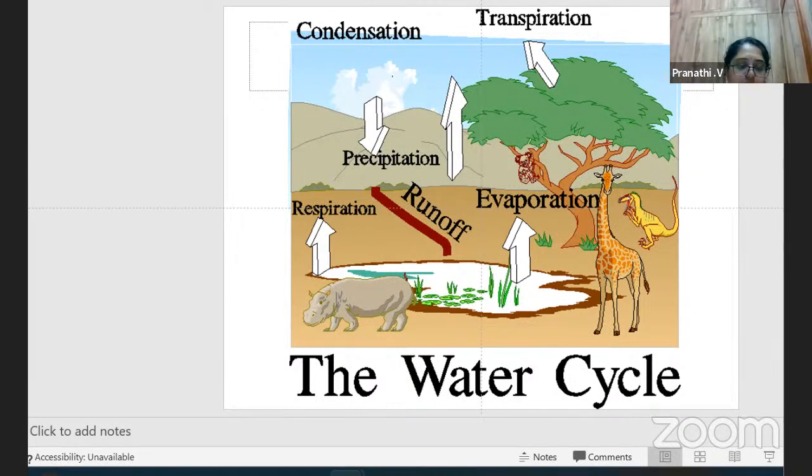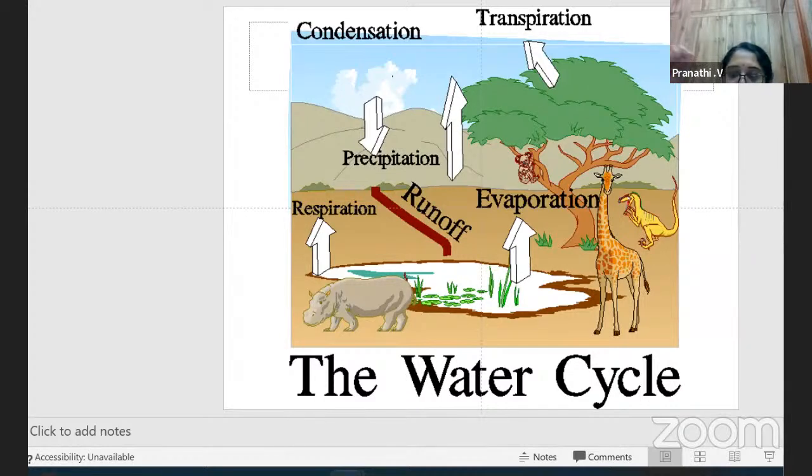So this is all about the living factors that are present, that is the biosphere, and the different kinds of nutrients that are present: carbon, nitrogen, oxygen, phosphorus, sulfur, and how each and every one of these nutrients is helpful or harmful for us, and how deforestation is detrimental for the whole environment as such, and how increasing and decreasing levels of nitrogen and different kinds of gases are harmful for us.